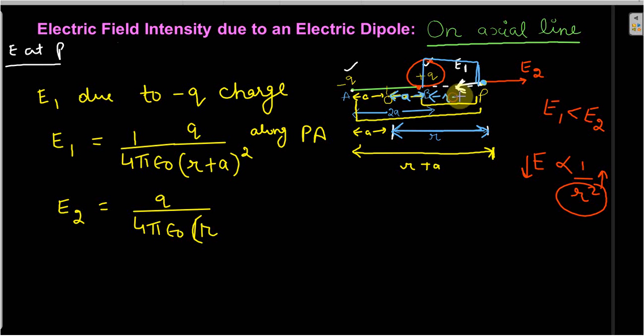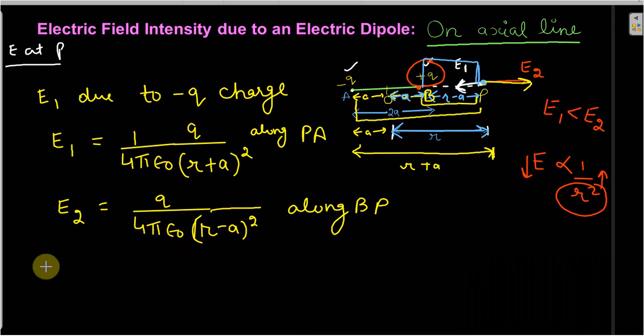So we can write here R minus A whole square. And what is the direction of E2? The direction of electric field is outward, and that is along B to P. So we can write B to P.